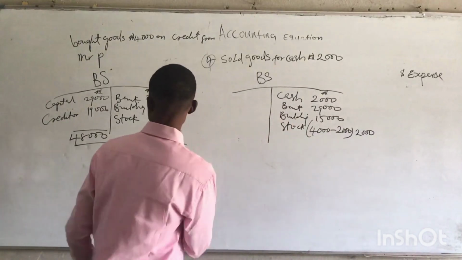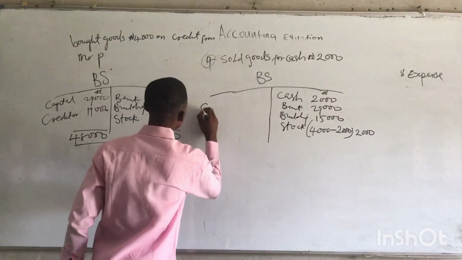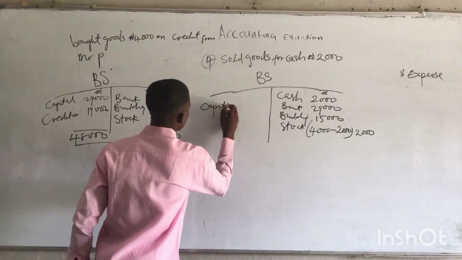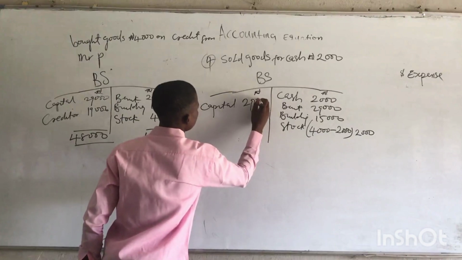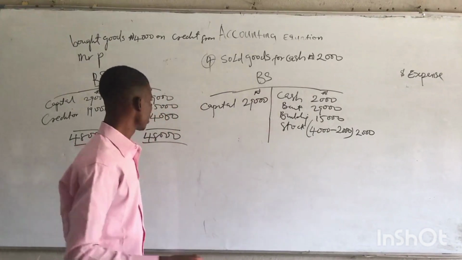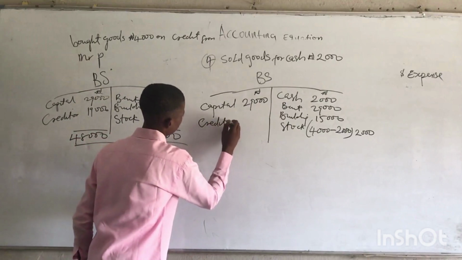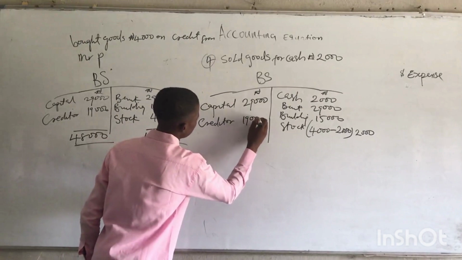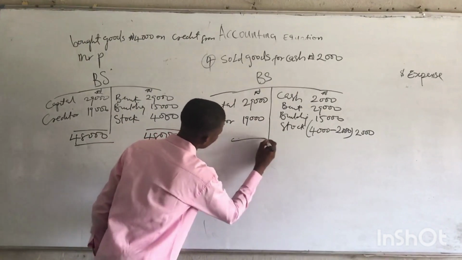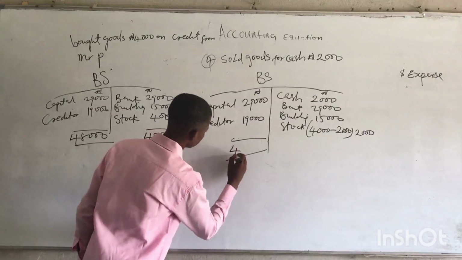On this side, the capital and equity portion will still be capital 29,000, and the creditor will still be 19,000, and both sides will still be 48,000.